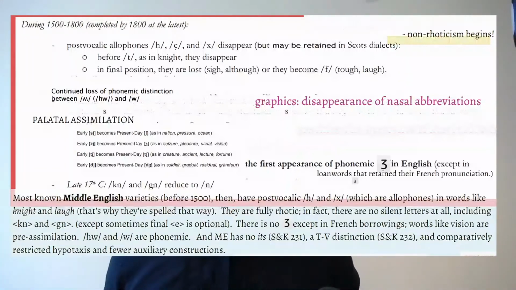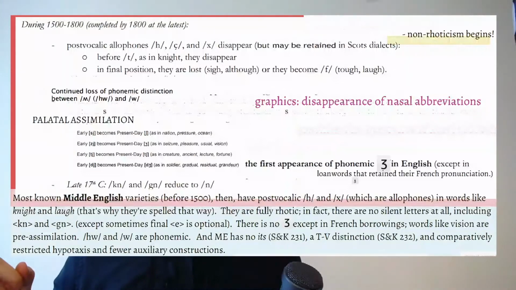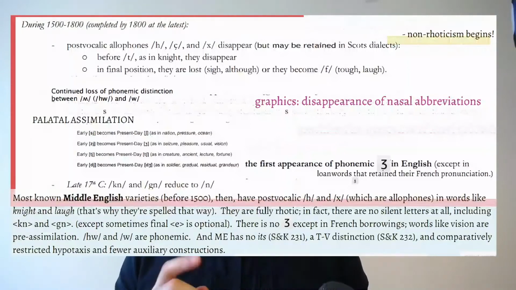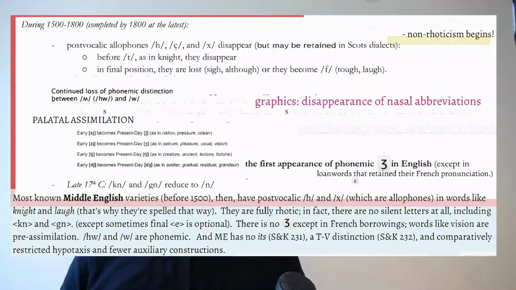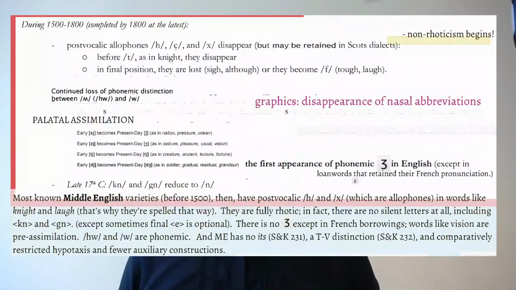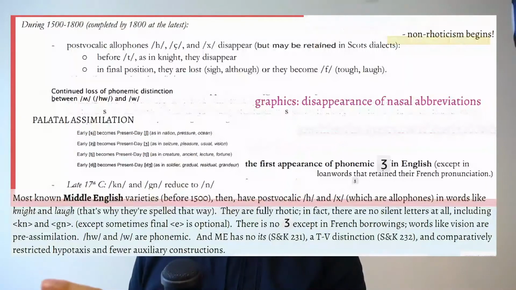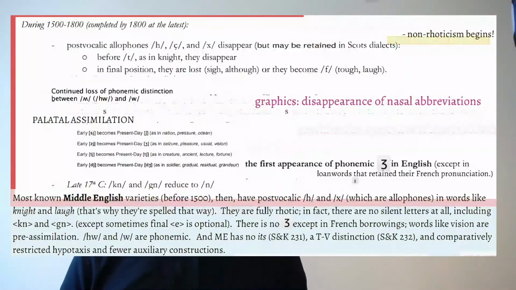In fact, there are no silent letters at all, including kn and gn, except sometimes where final E is optional, final E. There is no zh sound at all, except in French borrowings. Words like vision are pre-assimilation. They're pronounced vision. Hua and wa are phonemic, and we'll remember Middle English has no its, retains a TV distinction, that is, thou versus you, and comparatively restricted hypotaxis and fewer auxiliary constructions.